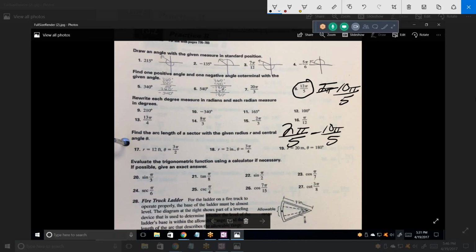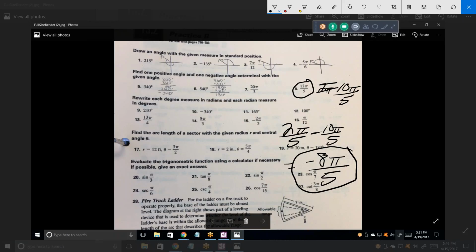What's that give me? Negative 8 pi over 5. There's my negative angle, and that is inside the unit circle if I go clockwise. In other words, this number is less than 2 pi.